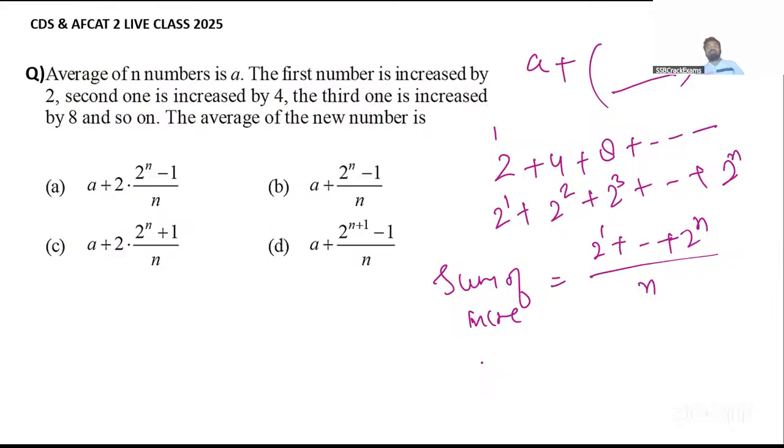Now, you might not know the concept of GP, geometric progression. Here we will use the formula of geometric progression, the ratio. Arithmetic progression, AP, I have told you. For GP, this sum will be given by 2 raised to power n.